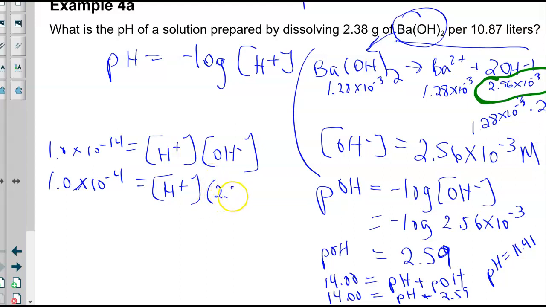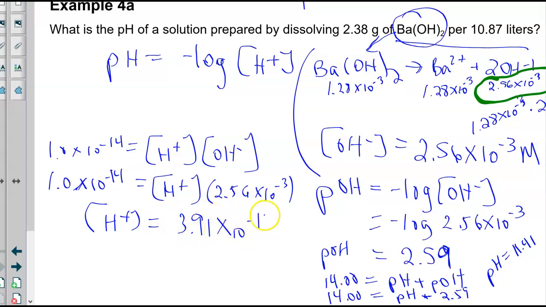We had figured previously, based on getting our molarity, our moles over liters, 2.56 times 10 to the negative third. And we're going to take 1.0 in our calculator. I didn't have my 14 there. I wrote it, but the pen didn't pick it up. 1.0 to the negative 14th, divided by 2.56 to the negative third. And I'm going to get my H plus concentration to be 3.91 times 10 to the negative 12th.